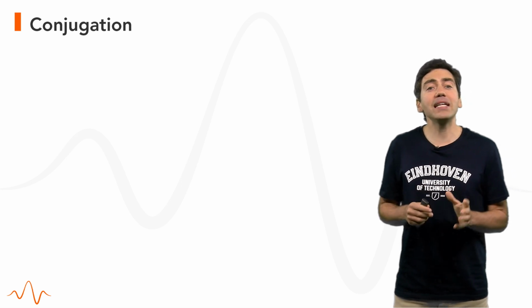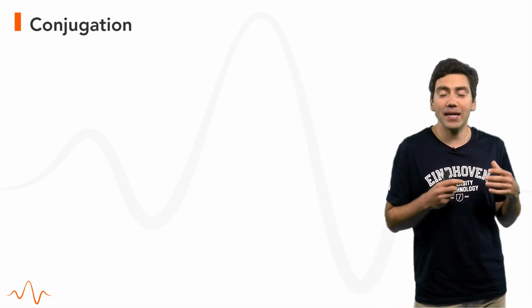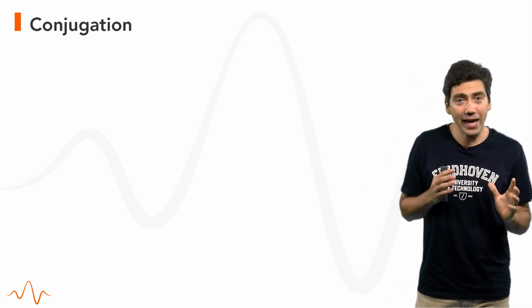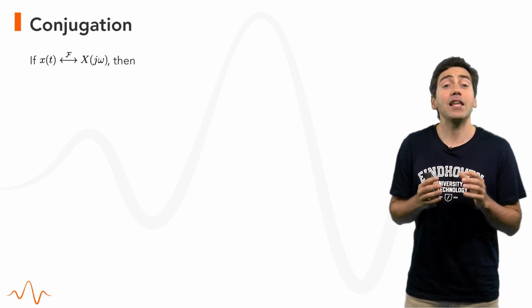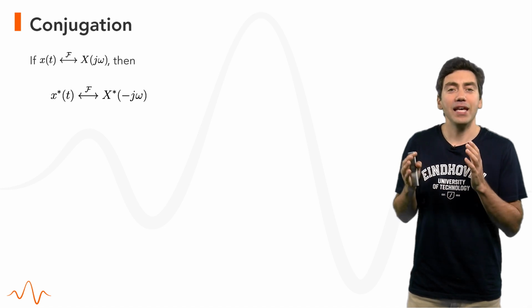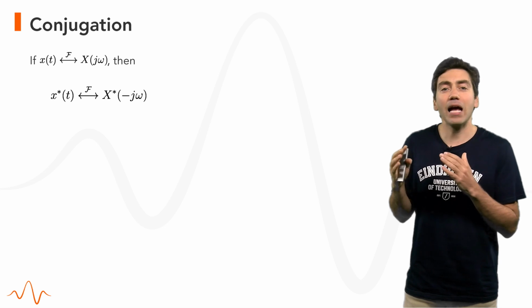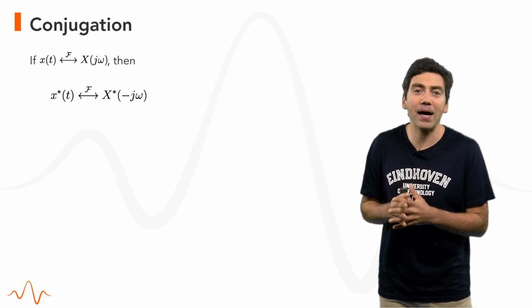Now, a property that by itself might not seem that important, but has several consequences, is that if x of t and capital X of j omega are Fourier transform pairs, then the complex conjugate of x of t corresponds, as a Fourier transform pair, to capital X complex conjugate evaluated at minus j omega.